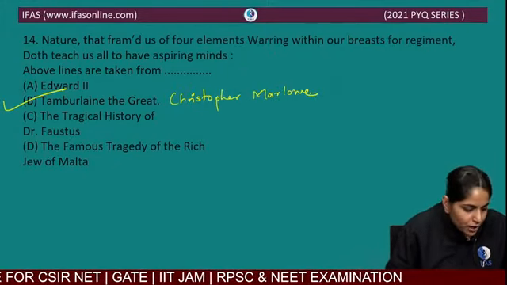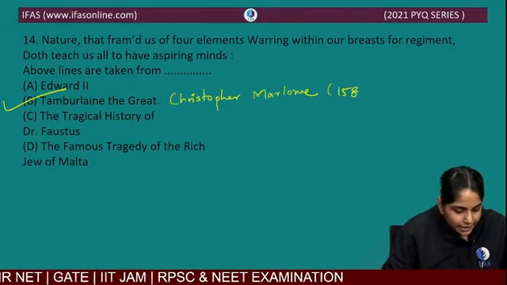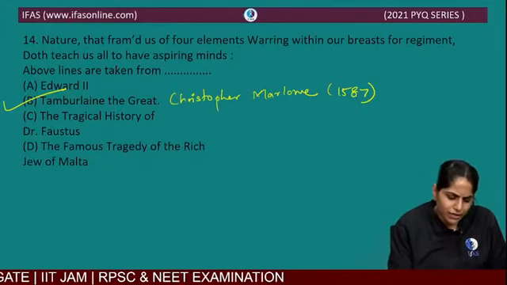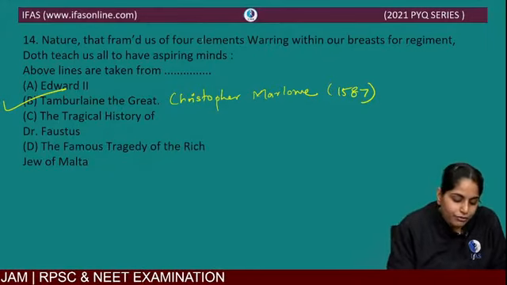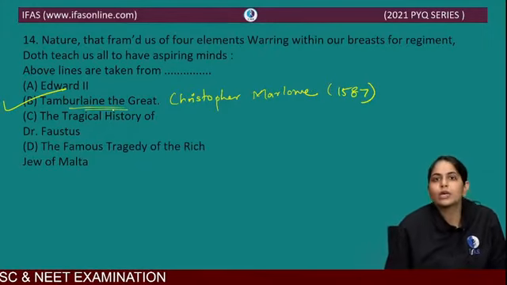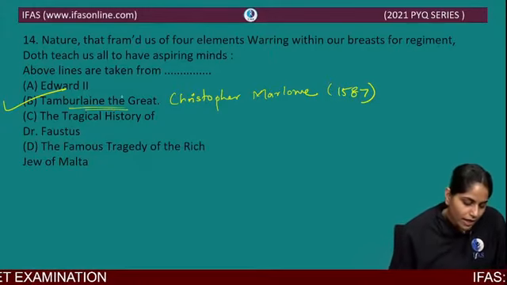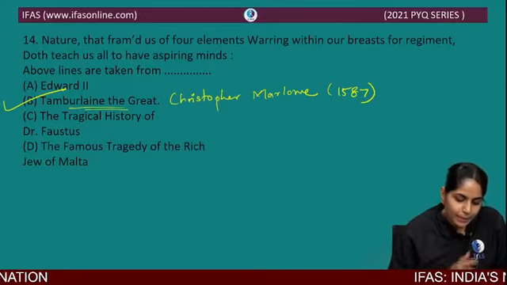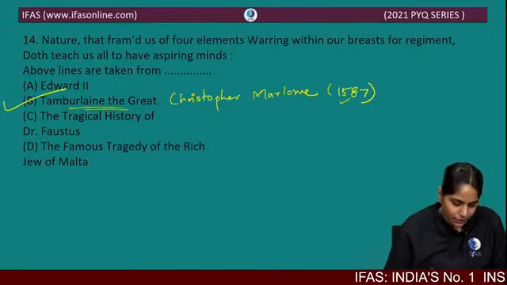Okay, it was written in 1587, so also remember this. They might ask you in your exam which play was written by Christopher Marlowe. It was Tamburlaine the Great. Or they might also ask who is the author of Tamburlaine the Great. It is a play, written in 1587. This is the extra information that you can remember.